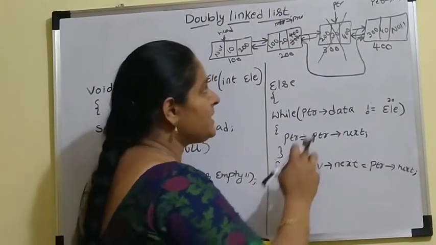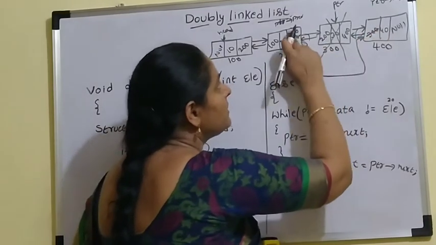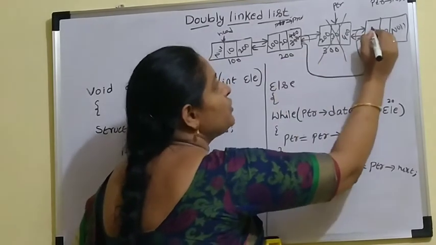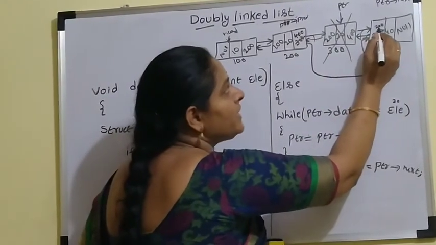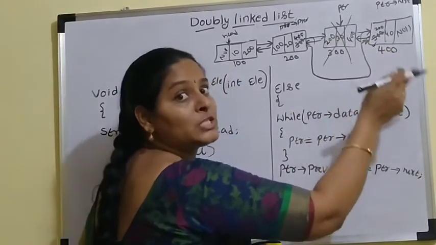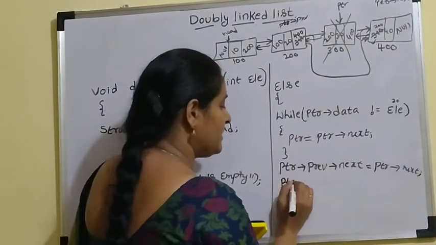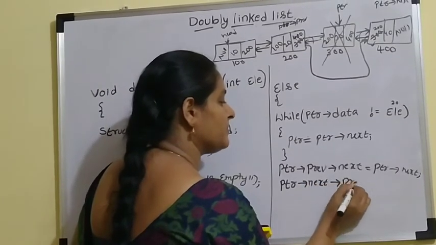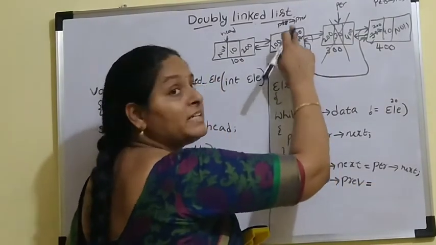Now next, in ptr next's previous part, this address we need to replace with this node's address. Previously it is 300. Now we should replace this address with 200. If this is ptr next, this position represents ptr next's previous. So in ptr next's previous, we should say ptr previous address.